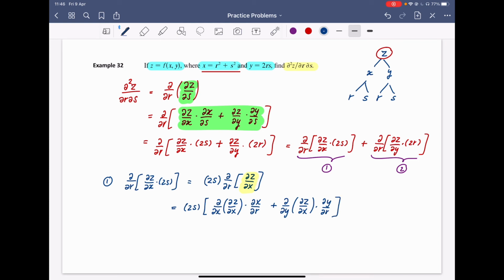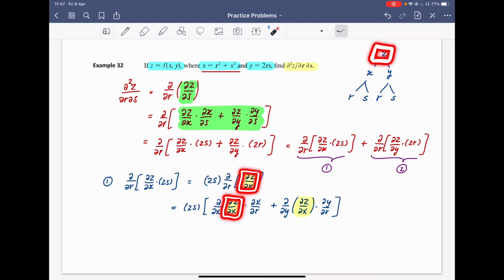If you cannot follow me here, let's take a step back. This is not simple, but you can see that you keep the thing that I highlight in yellow as something in a box here. If you want to differentiate something in the box with respect to r, the box thing is going to be on the top if you look at the diagram.